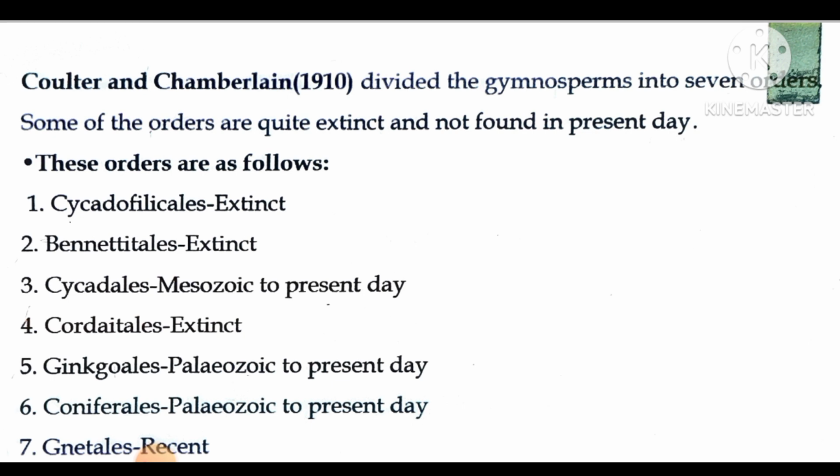Okay, then Ginkgoales, found during the Paleozoic era, and it is present today also, like Ginkgo biloba, which is also called a living fossil. Then Coniferales from the Paleozoic to the present day. The Gnetales, the most advanced group of the gymnosperms.